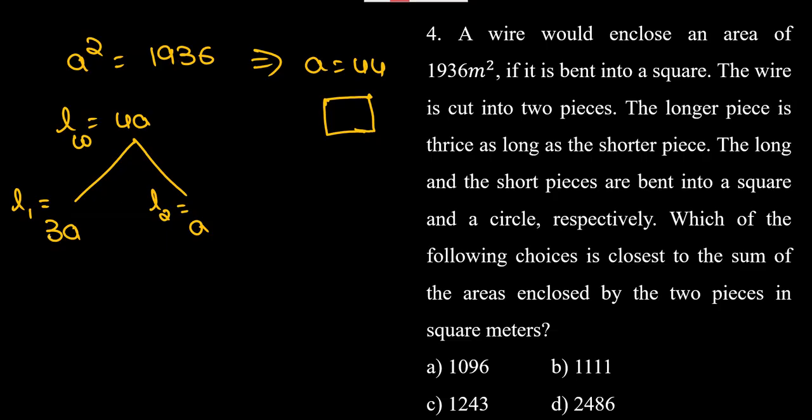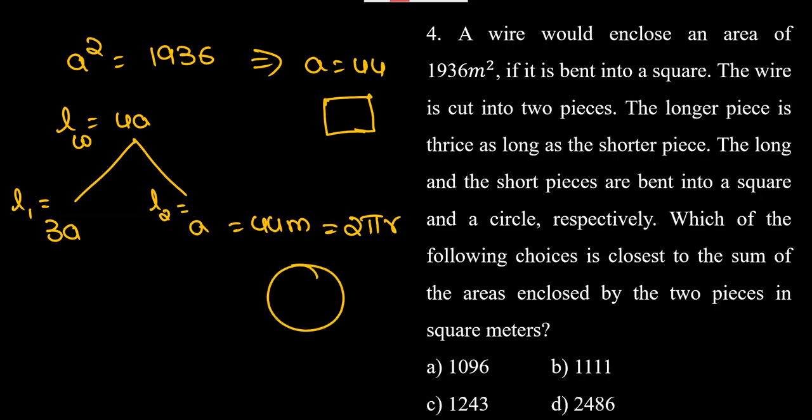Now two pieces: the first wire is 3a, the second wire is a. The second wire is nothing but 44 meters. Now using the second wire, which shape do you need to form? Circle. Right? This is equal to the perimeter or circumference, 2 pi r.